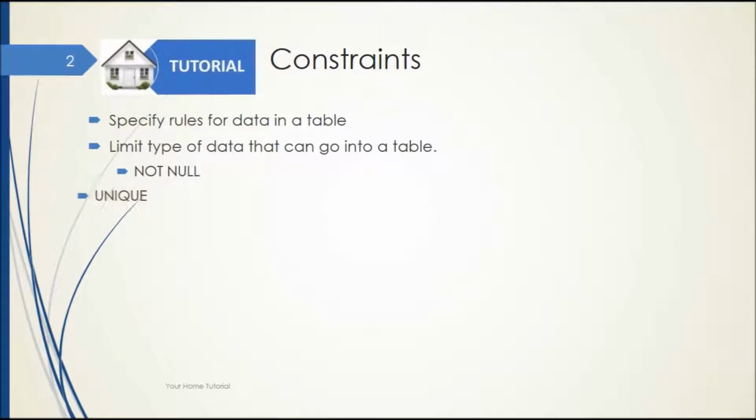Another one is the unique key constraint. As the name specifies, the value must be unique. So if the column is specified as a unique key, then the value in that column will be unique. We don't have any duplicate values in that. According to the ANSI standard, we cannot have any duplicate values in it, but we can have multiple null values.